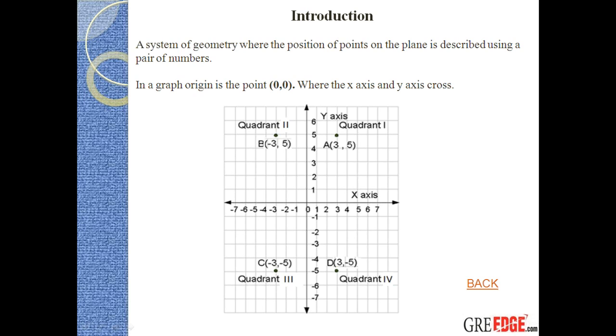Whereas in quadrant 4, x is positive and y is negative. So when the points are given, just try to visualize in which quadrant it is. It would be helpful to solve some of the problems. Okay, so you're clear with this?